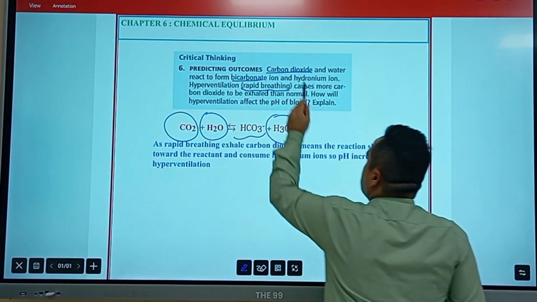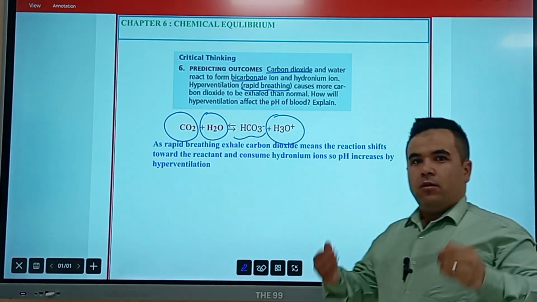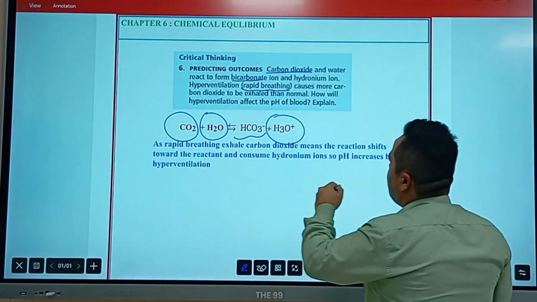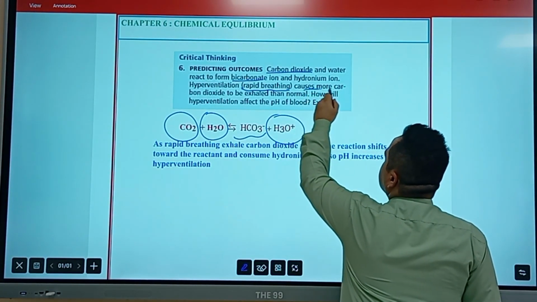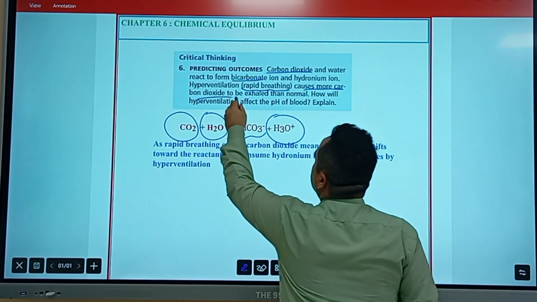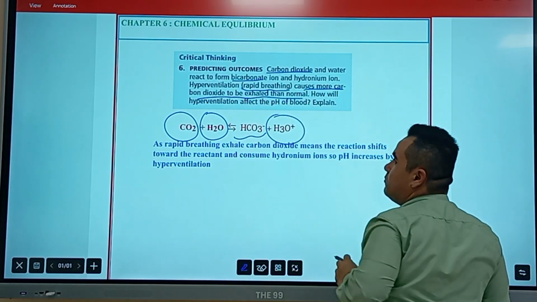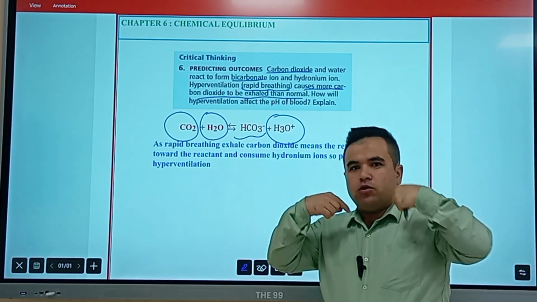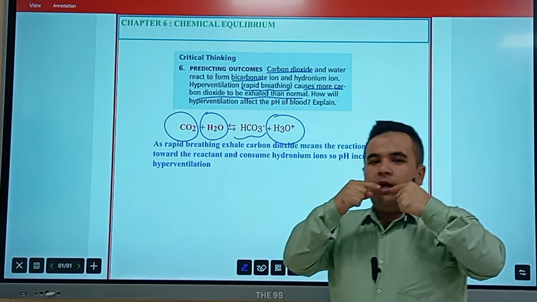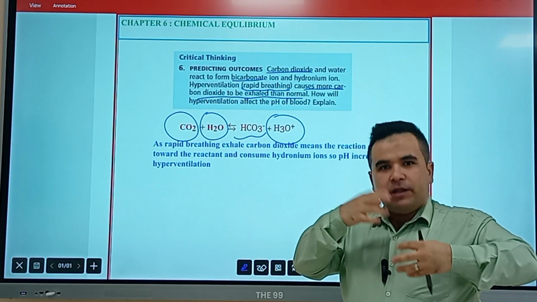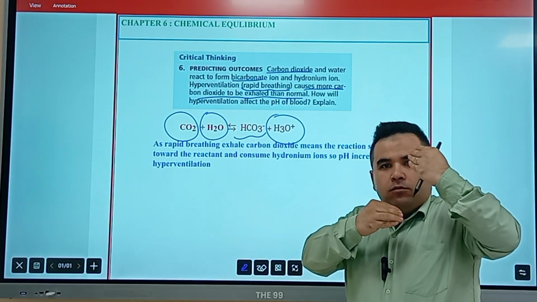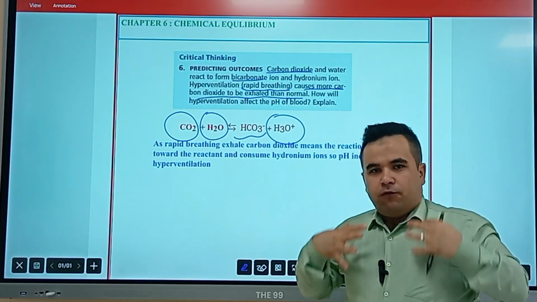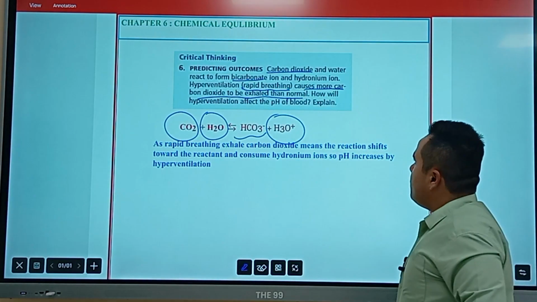Hyperventilation, which is a process of rapid breathing, causes more carbon dioxide to be exhaled than normal. So when we breathe rapidly, we exhale more carbon dioxide from our body to the surrounding.